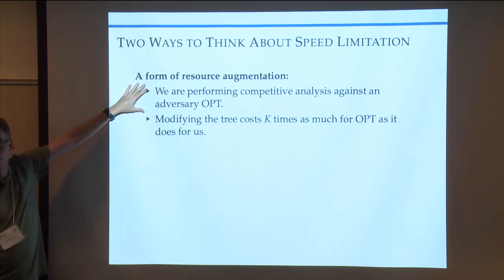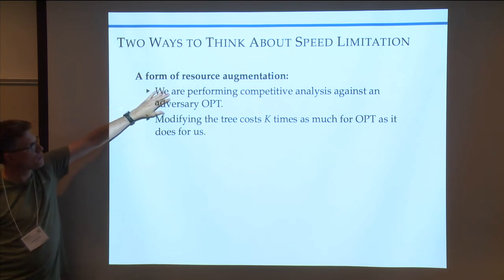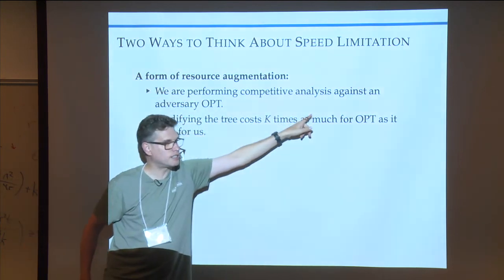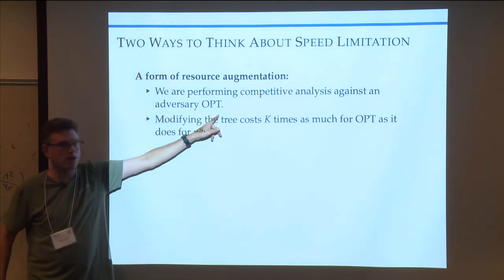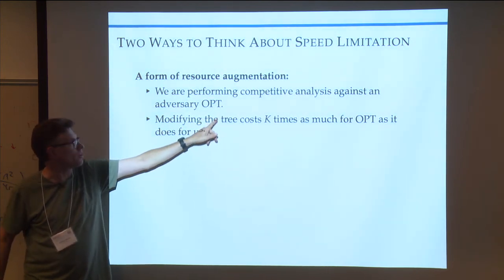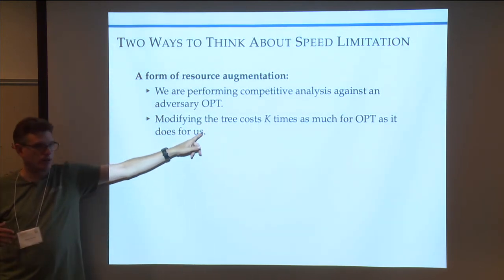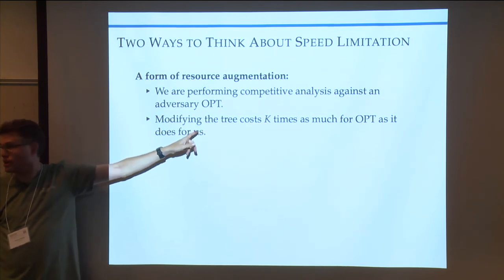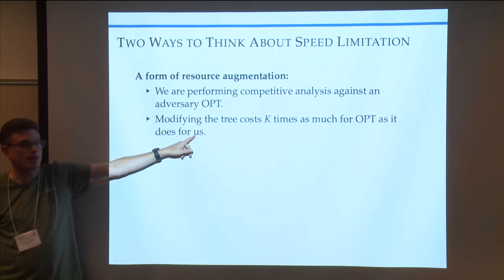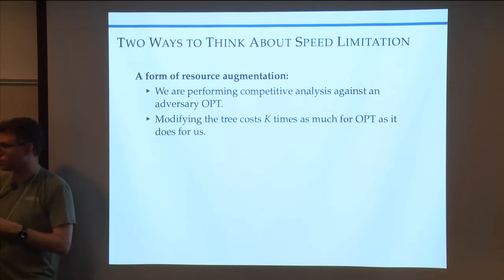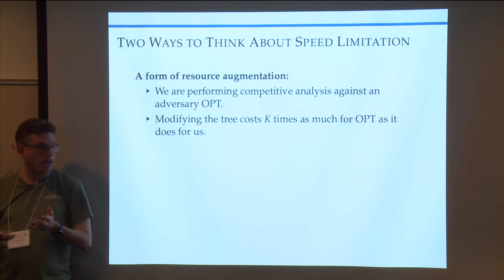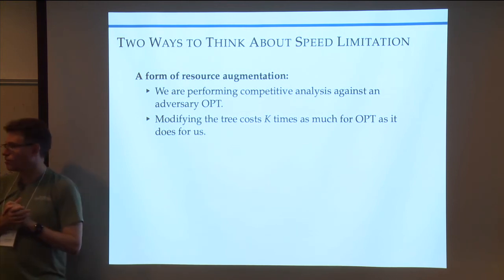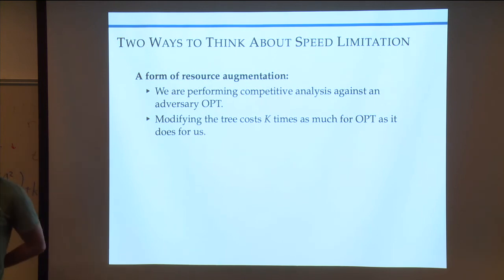One way is a form of resource augmentation, where we're performing some kind of competitive analysis against some optimal adversary, but it costs the adversary k times as much to modify the tree as it does for us. So we have to modify the tree, the adversary does too. The adversary gets to see the future, we don't, but it's cheaper for us to modify the tree than the adversary.